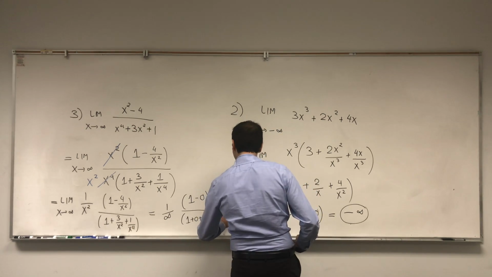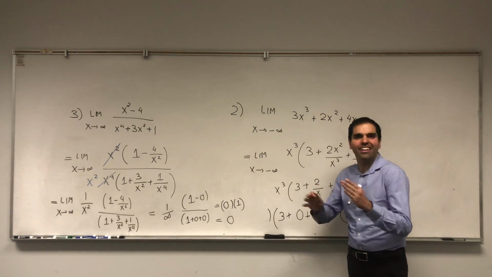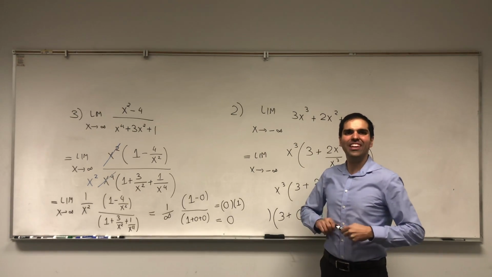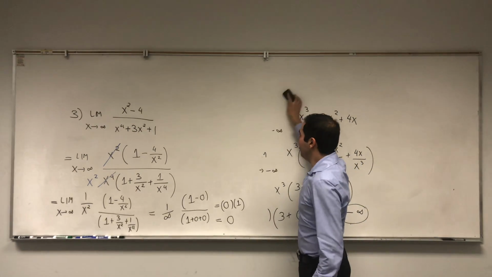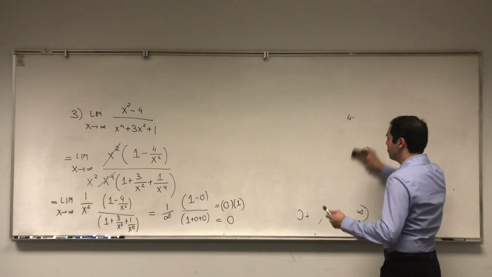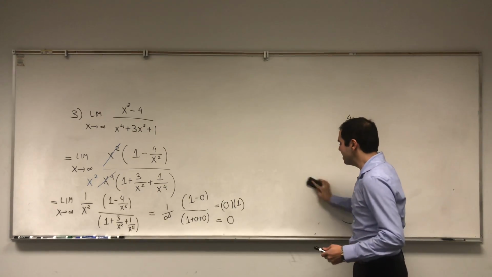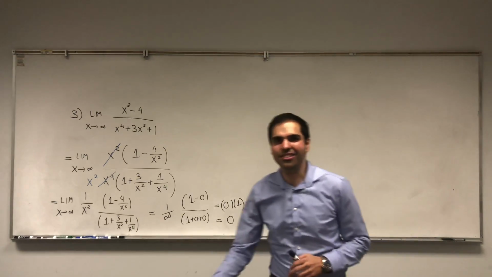And that is not an indeterminate form. 0 times 1, just from multiplication, that is just 0. Just like saying 2 times 0 is 0. That's also fine. The problematic situation would be 0 times infinity, because then that's indeterminate form.